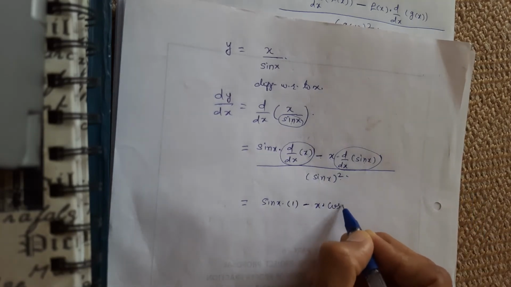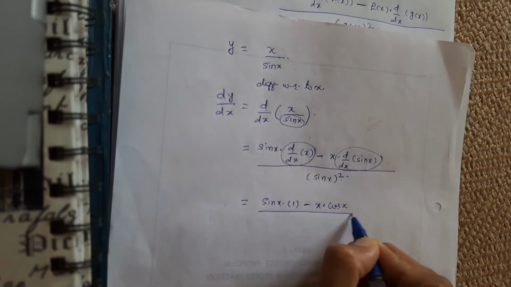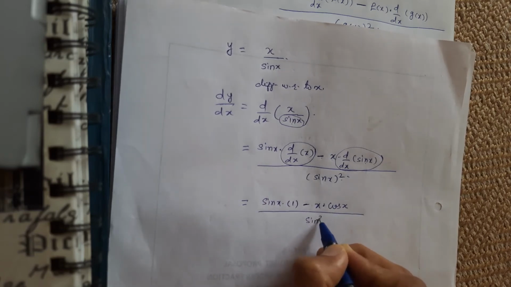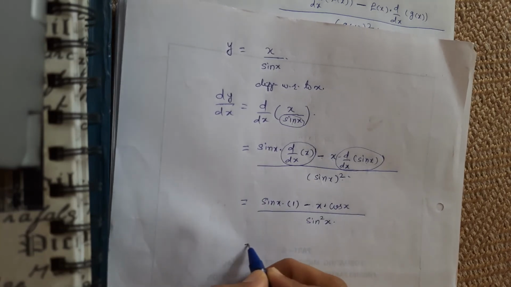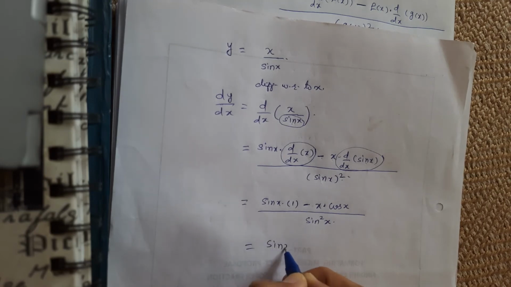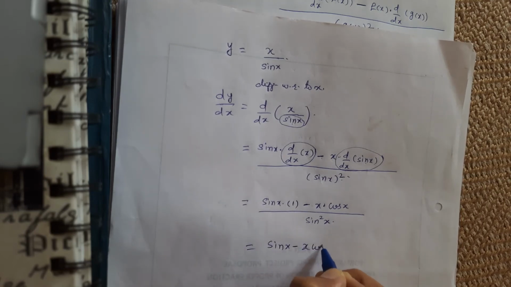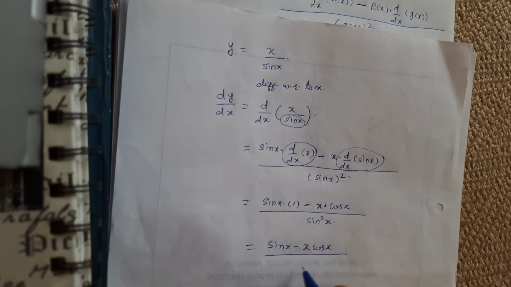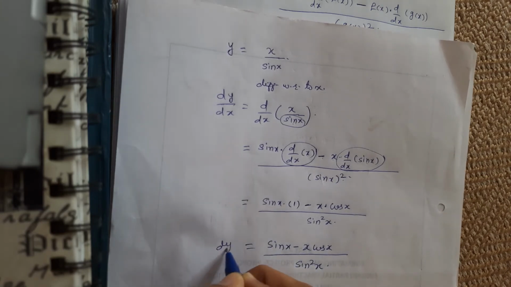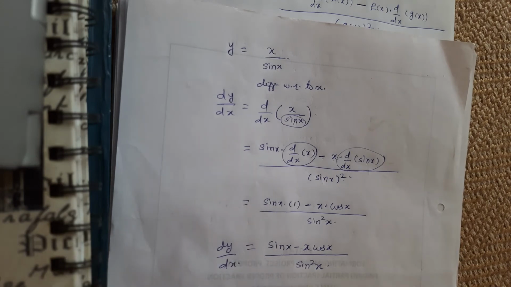Yes, it is cos x divided by sin square x. So I simply get sin x minus x cos x upon sin square x is the dy by dx.